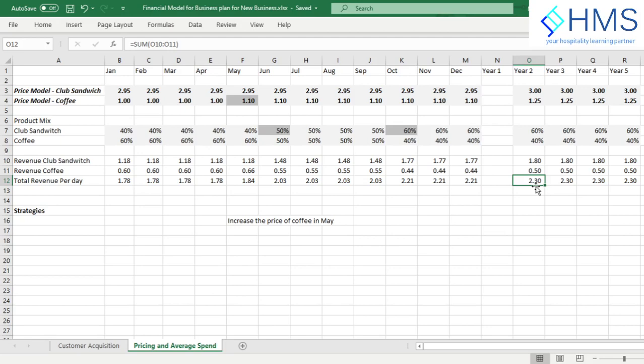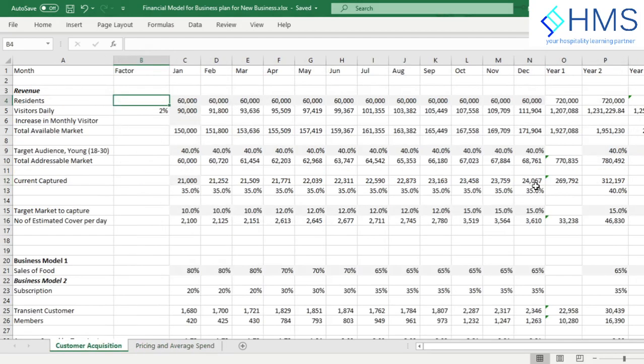We normally have to create the target market first, customer acquisition. So here I'm following the same model as we created in our previous module: the residents, how many daily visitors there are, and how much is the total available market.